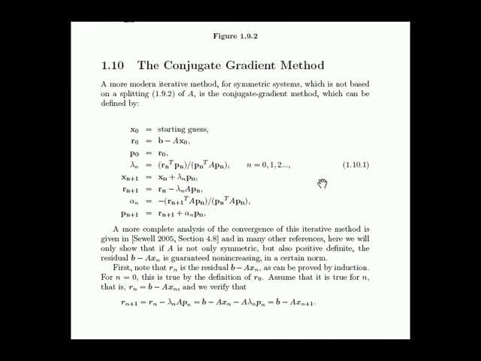In fact, it has a very interesting property that it's guaranteed to converge exactly within n iterations. So it sounds like that has the best features of direct and iterative methods.